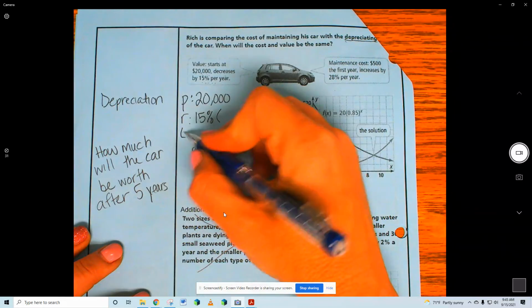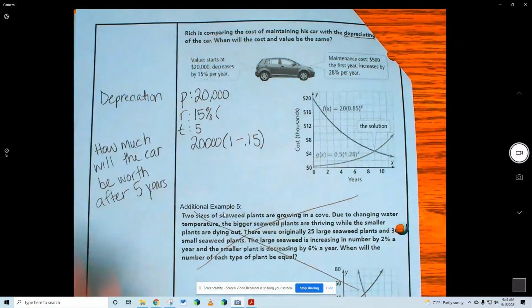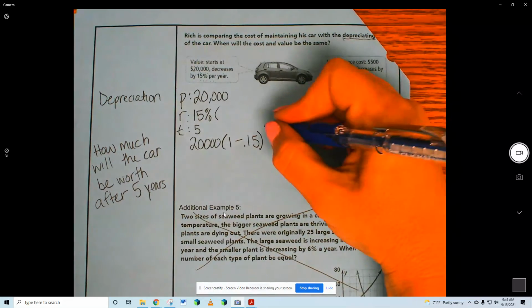So my time is going to be 5. I'm adding this in. How much will the car be worth after 5 years? All right. To the power of 5.